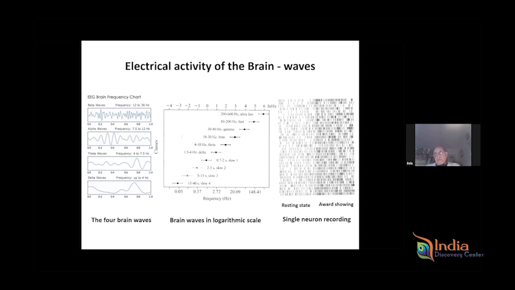This probably has the purpose that the different brain waves produced by different neurons can spread to the neighboring cells under some circumstances, because this is not closed.